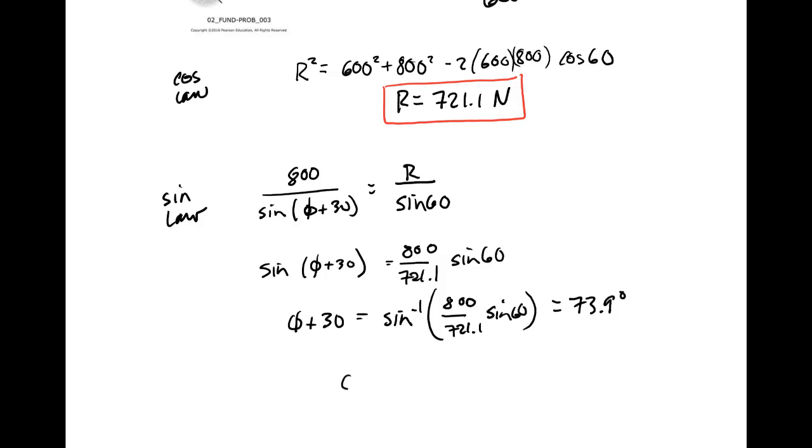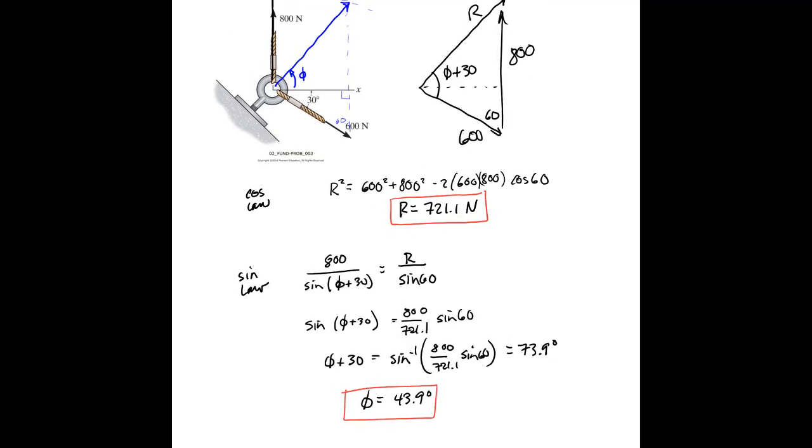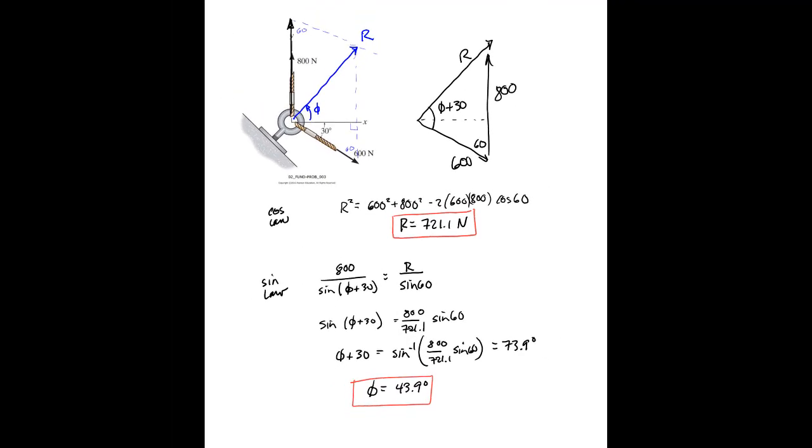Then evaluating phi, you get that as equal to 43.9 degrees. So again, there's a good way of using the sine law and the cosine law to find what we needed about this little problem. Okay, well, that should help you out to get started on some of these trigonometry problems, and we'll move on to the next section.